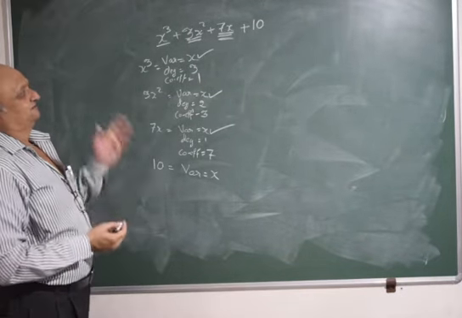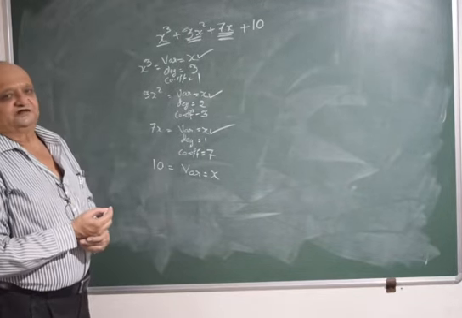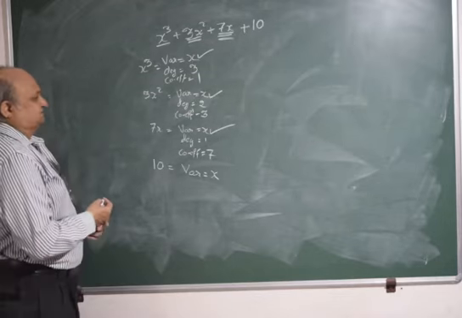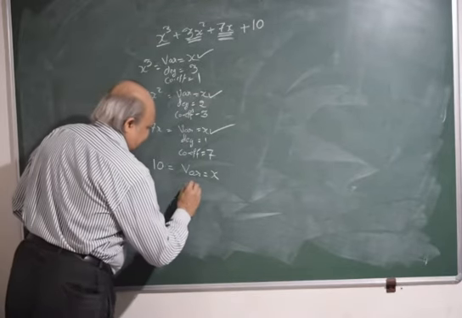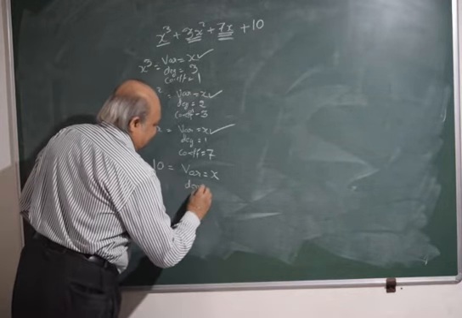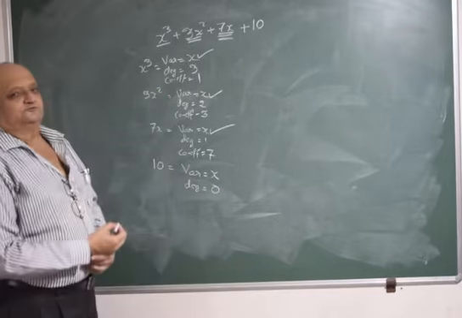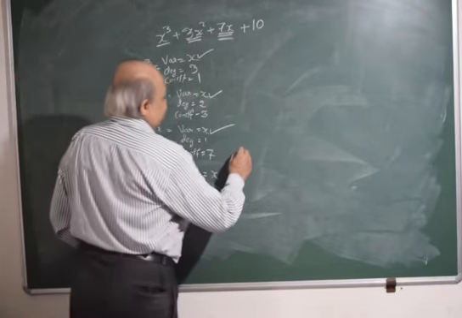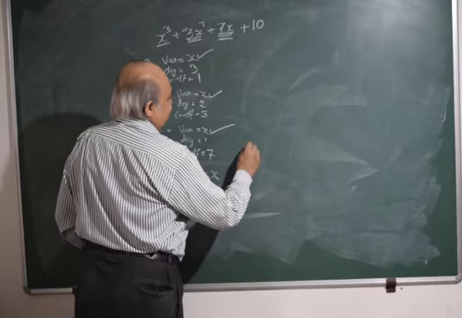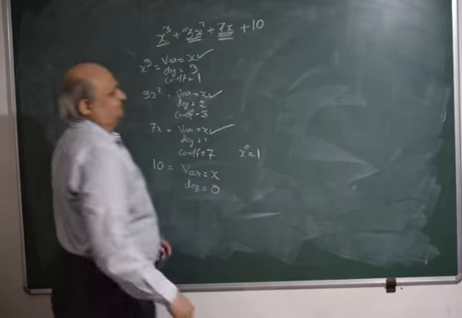You'll ask me, but I have not written it. I'll explain you why. Because here the degree of variable is 0. Now remember, x raised to 0 is 1.